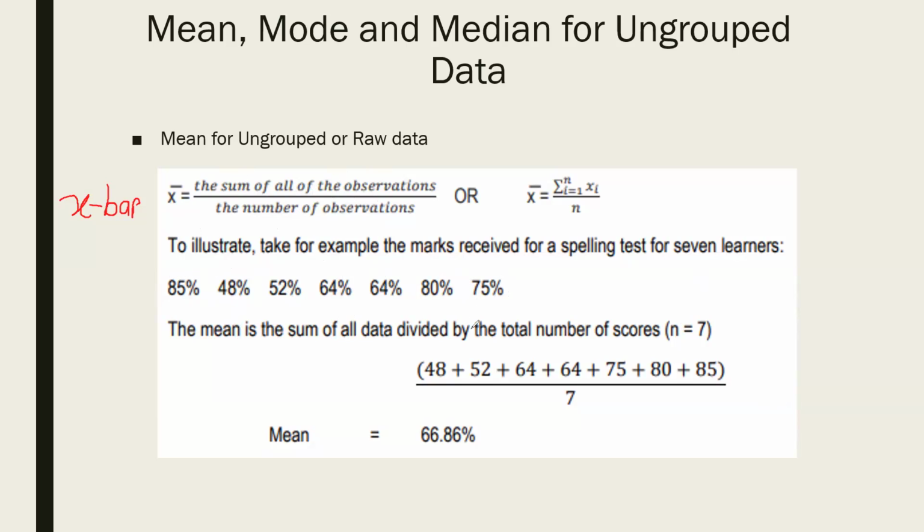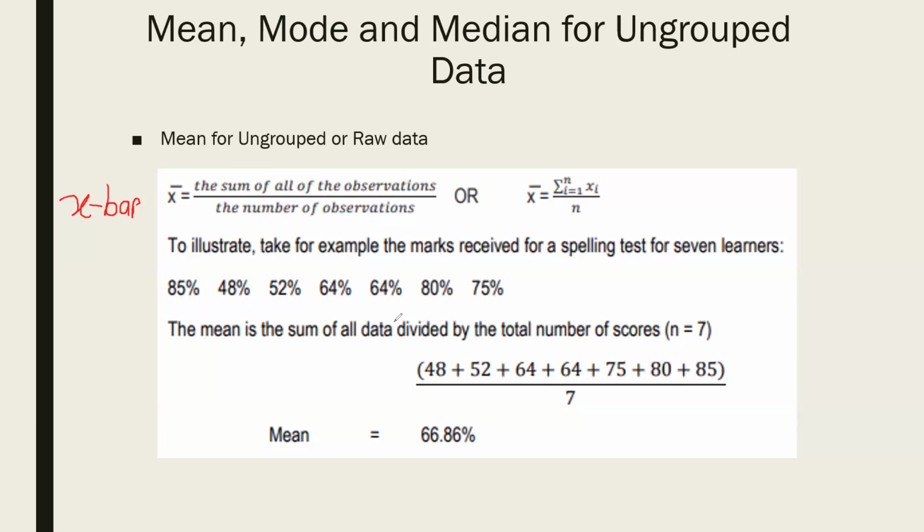When calculating the mean, you add every individual test mark: 85 plus 48 plus 52 plus 64 plus 64 plus 80 plus 75. That is what is meant by the summation of all observations. You add all the values, then you divide by the number of observations.